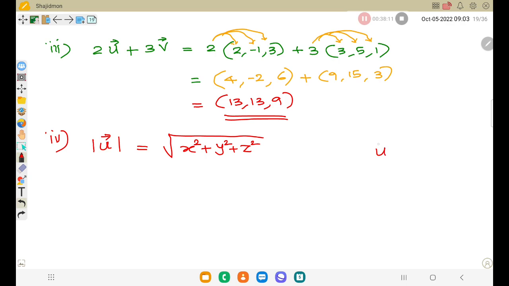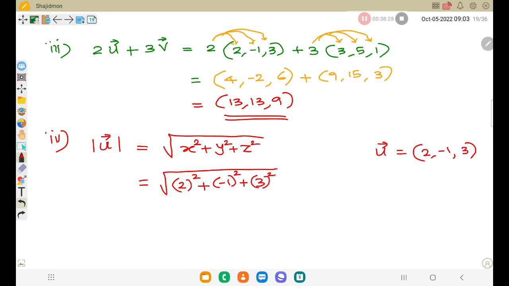The u vector given is (2, -1, 3). So the magnitude is the root of x power 2, x means 2, power 2, plus y, -1, power 2, plus z, 3, power 2. You can check by calculator. It is the root of 4 plus 1 plus 9, that means root 14. That is the magnitude of vector u.